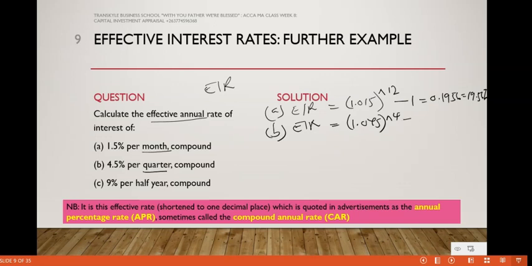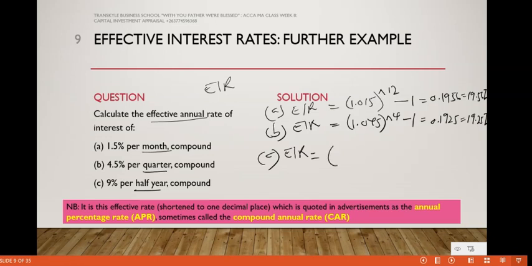Minus 1, and we get 0.1925, and this comes to 19.25%. Then C, remember this is now 9% per half year, and in a year we've got 2 halves, so it's to the power 2.